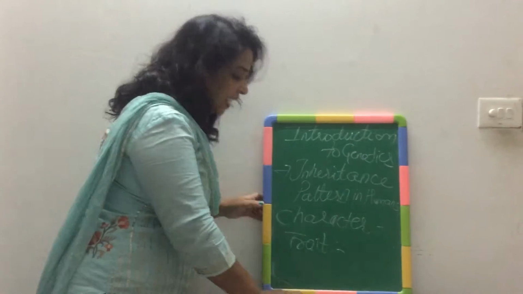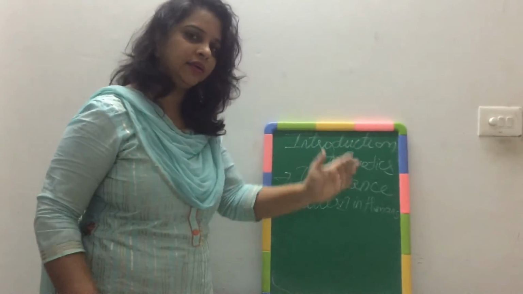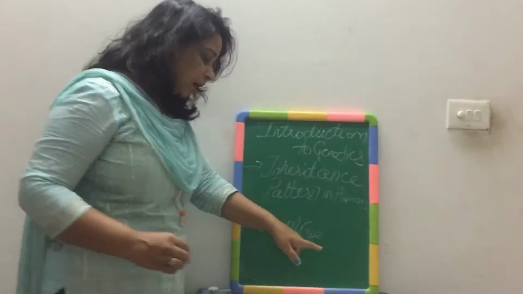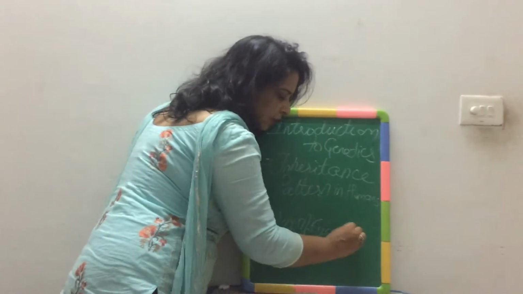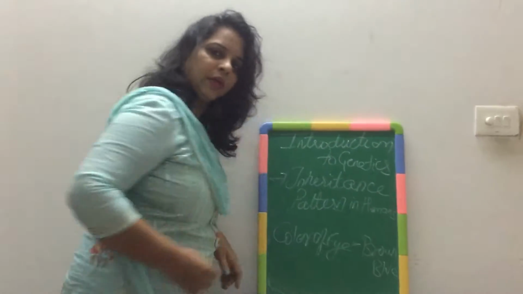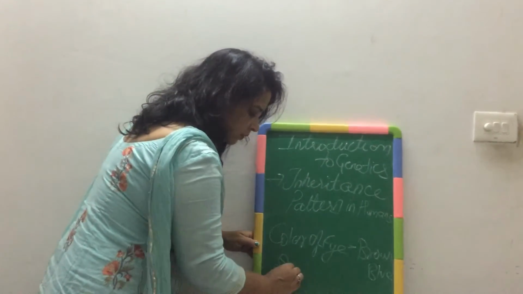Now I will show you some examples of character and trait. The first example is color of eye. Color of eye is the character, and the trait will be brown or blue. The second example is earlobe.